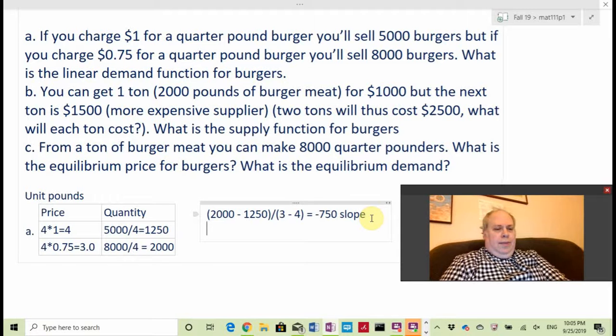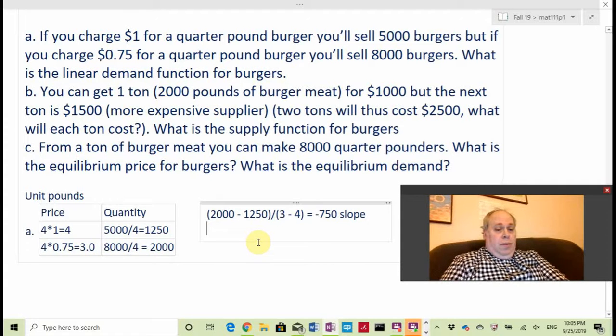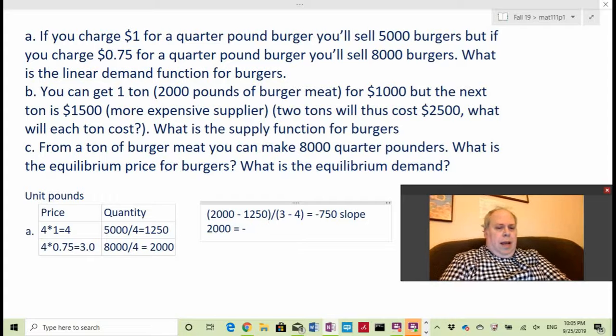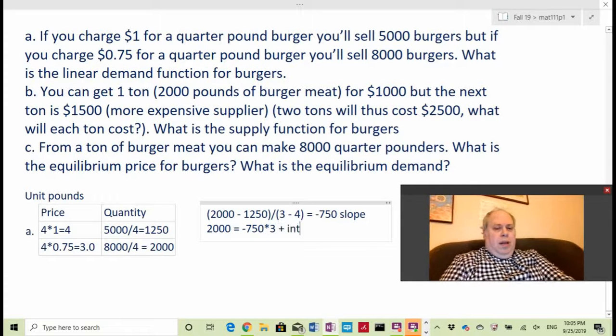Now I'll just plug in. Let's use 3 and 2,000 for this one. So I'm going to take 2,000, the quantity, equals negative 750 times 3, the price, because at $3 we sell 2,000 pounds, plus the intercept.